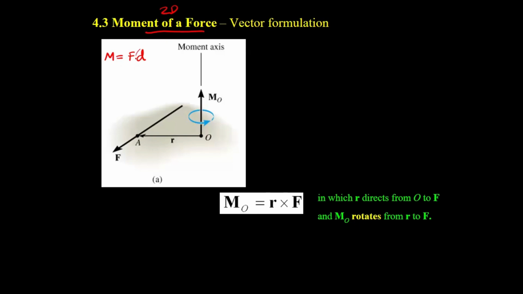This is what's called the moment arm. That's the distance measured from the point of the moment to the force. But in 3D, we got to use the vector to do the calculation.